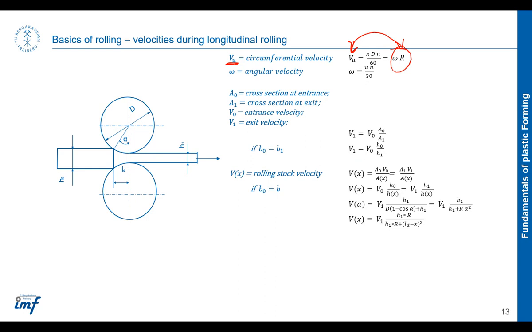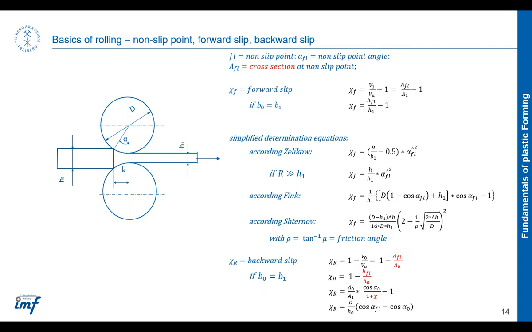And from here we can get the velocities and the instantaneous velocity and so on. And from these velocities we can calculate the forward slip and the reverse slip, which is quite simple to understand, but relatively tricky.